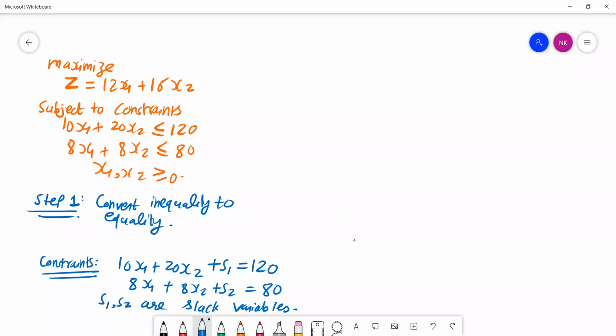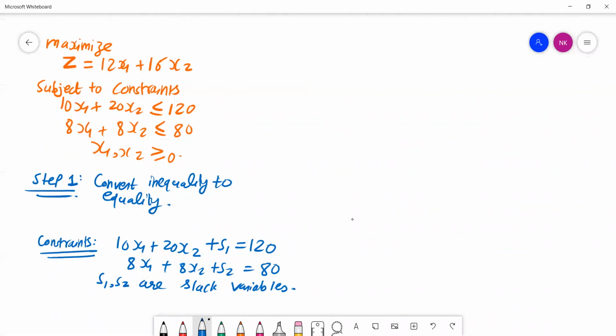S1, S2 are slack variables. Now, an open question to everyone: what will be the probable values of S1 and S2?